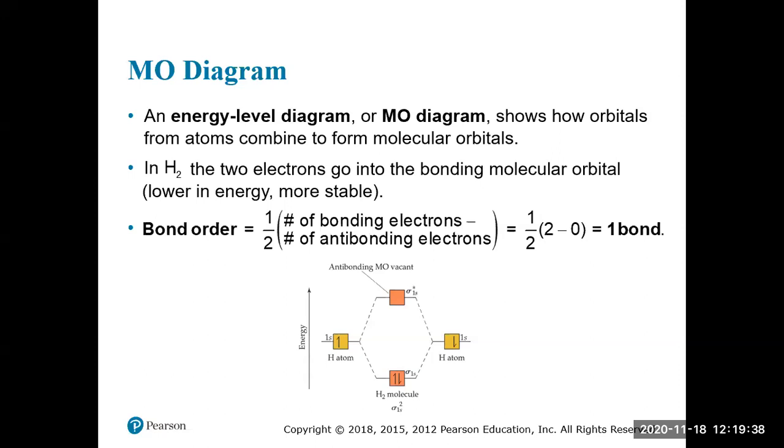In this case, there are no anti-bonding electrons because we only had 2 to work with, and that filled up the bonding level. So 2 minus 0 is 2, divided by 2, and we wind up with 1 bond. It tells us the bond order is 1. Since we have a bond order value of 1, that tells us it's a stable molecule, and so H2 exists, which is good because we know that it does.